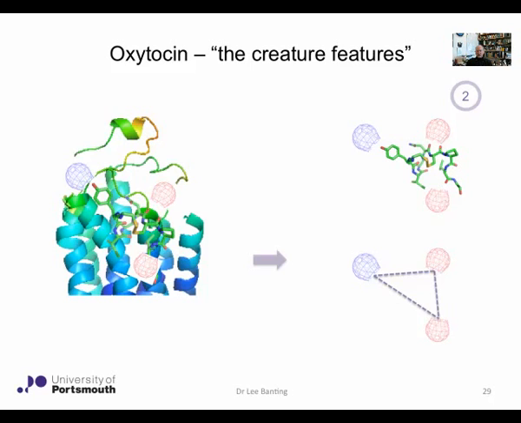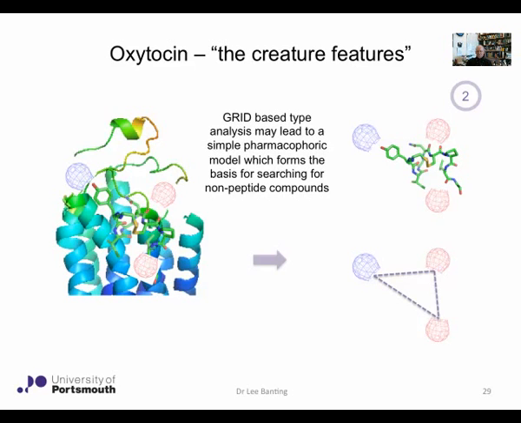You can derive pharmacophoric features for oxytocin at its receptor, its key interactions, and 3-point pharmacophores will allow you to search for further non-peptide compounds within compound libraries.